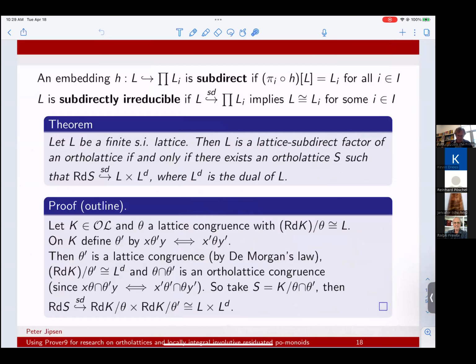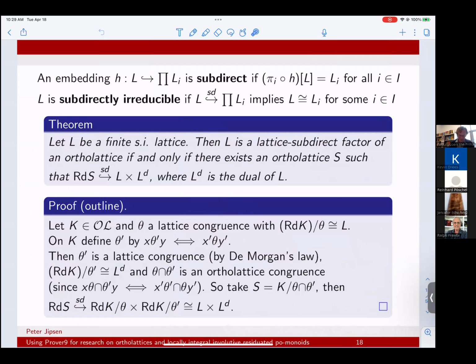Now, the interesting thing about this is that eventually, after a couple of weeks of thinking about it, JB came and said, "Oh, I have an idea. This is what we need to do." And of course, you want to look at subdirect embeddings.